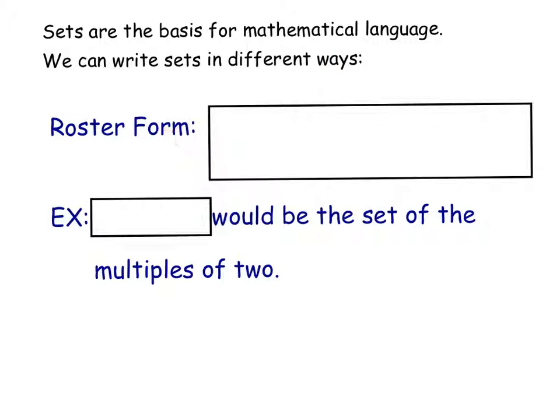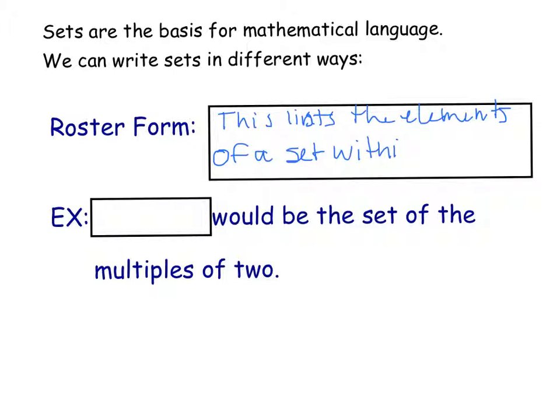So there's the roster form. Roster, not rooster. Roster form is just a list. So the roster form lists the elements, and I hope you're listening to what I'm saying and not watching my writing, the elements of a set within braces.